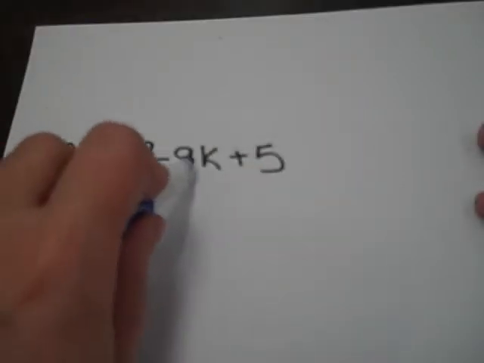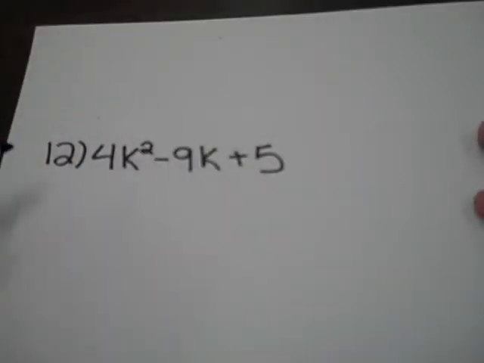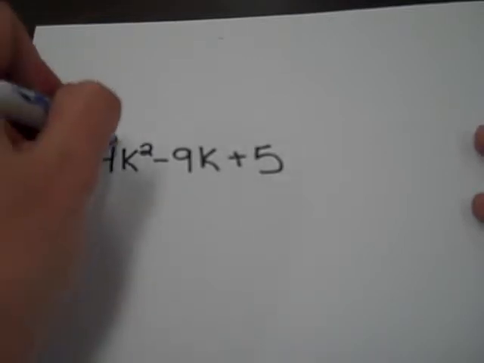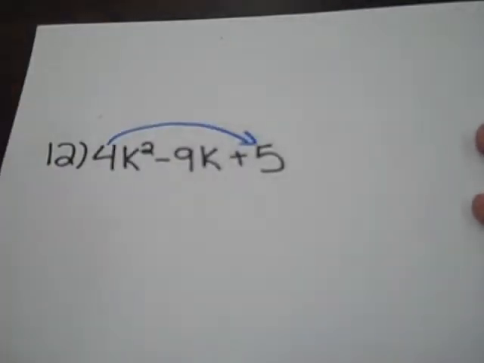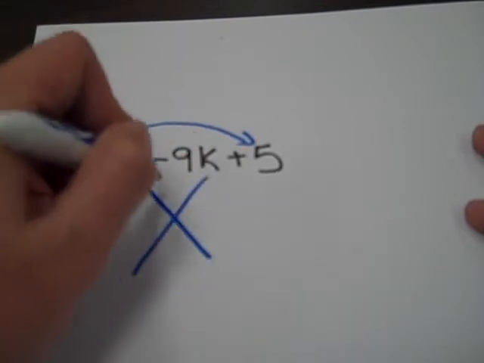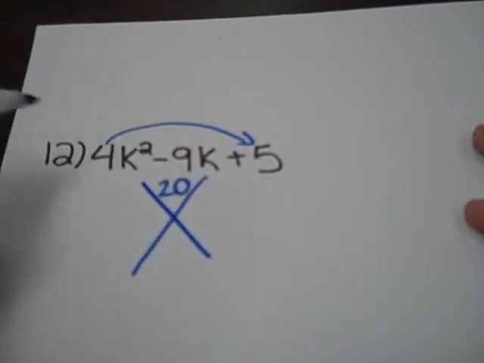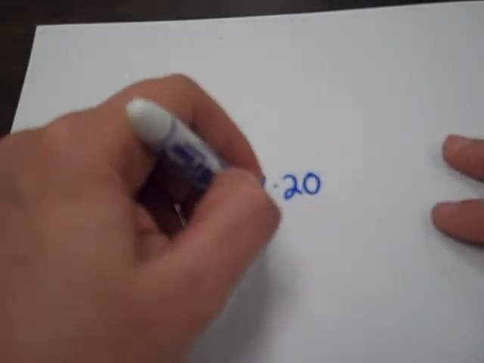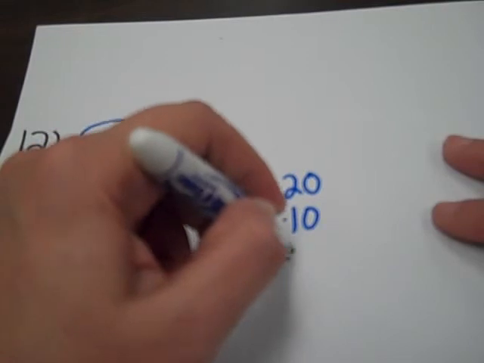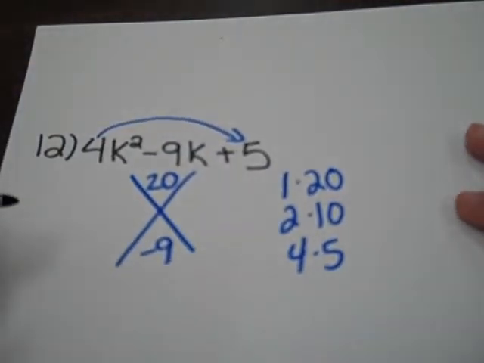Alright, number 12 tells us to factor completely. I look at 4k squared minus 9k plus 5, and I cannot find any common factors. So I'm going to slide. 4 times 5 is 20. My b is negative 9. 20 comes from 1 times 20, 2 times 10, and 4 times 5.